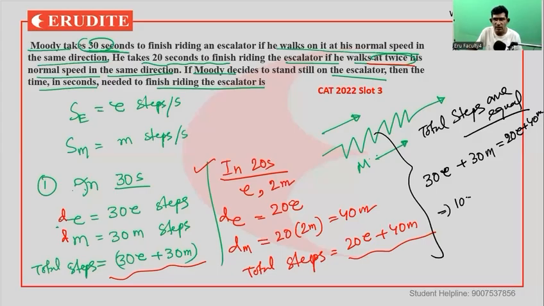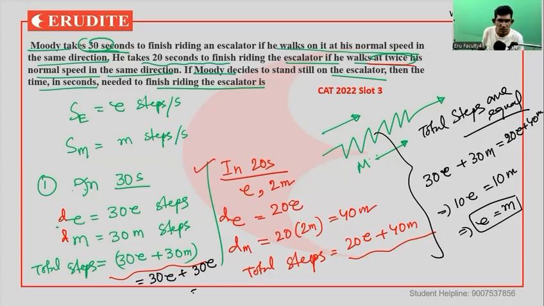From this, I can say 10E equals 10M. In other words, the speed of the escalator and the speed of Moody are equal. So that becomes easier. The total number of steps is 30E plus M, which is also E, so I can write it as 60 into E, where E is the speed of the escalator.